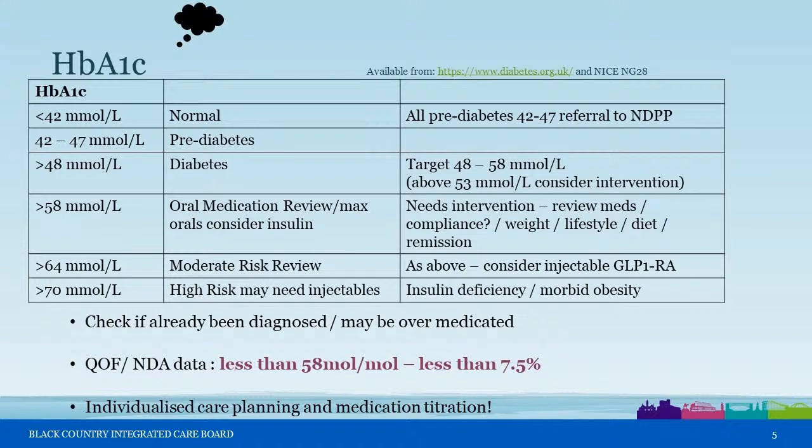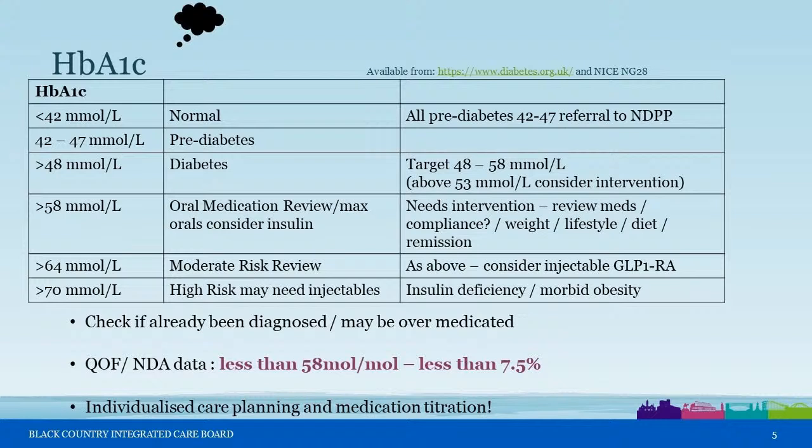I think anybody that's got high risk, if they're a smoker, they're struggling with their weight, I'd be adding SGLT2 quite early and aiming for an HbA1c of about 53 in a type 2. Moderate risk is classed as 64 millimoles, and high risk is those patients whose HbA1c is above 70.